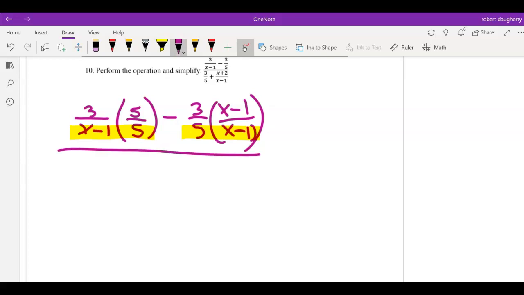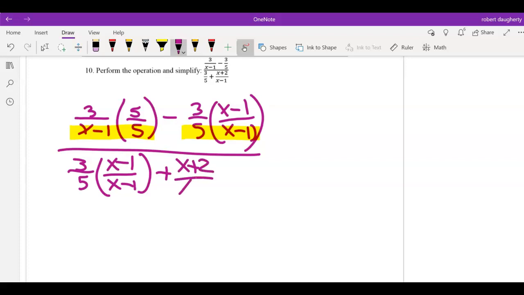At the bottom of this fraction, I'm going to have 3/5 times x minus 1 over x minus 1 plus x plus 2 over x minus 1, which is multiplied then by 5 over 5. And here I have a common denominator. They don't have to be the same, but if these common denominators are the same, it's going to be very nice because it will simplify much quicker.